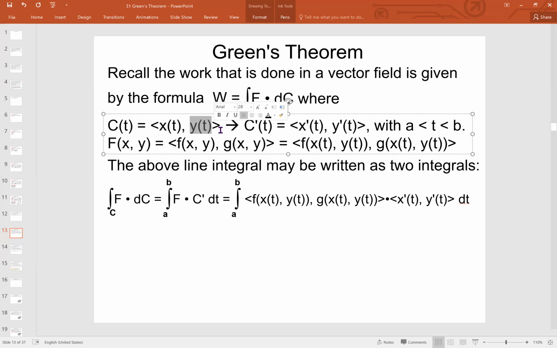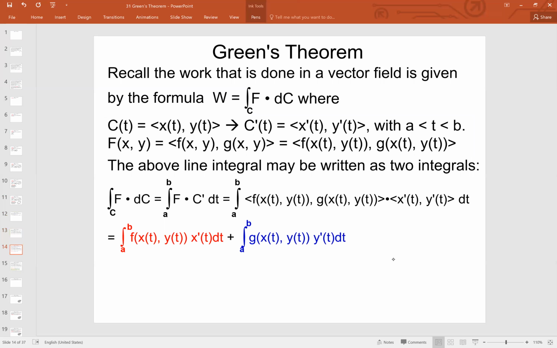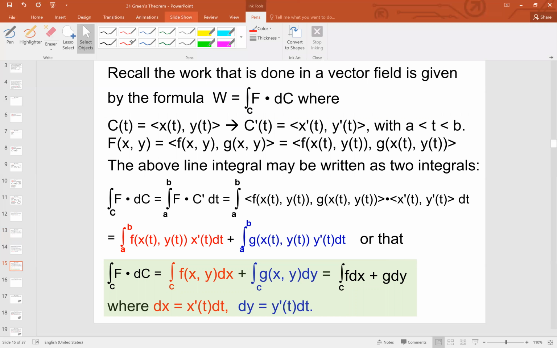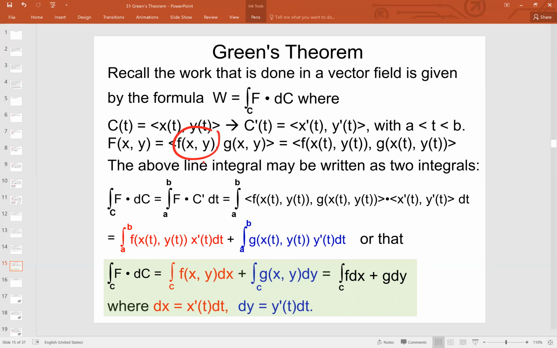There are two separate parts. When you do the dot product, f is the x component and it's related to dx, and the j component g is related to dy. Those are two separate components of work, if you like.